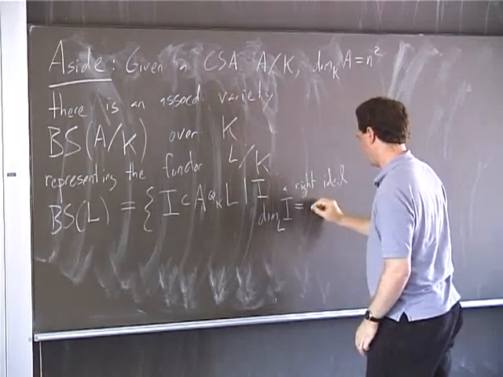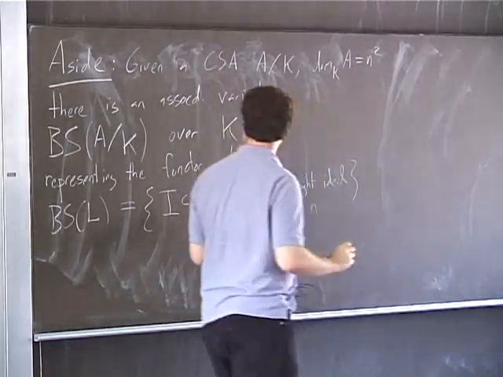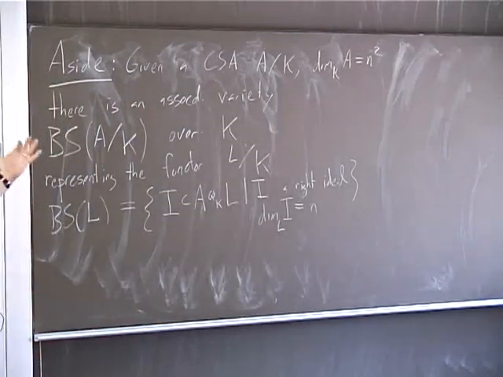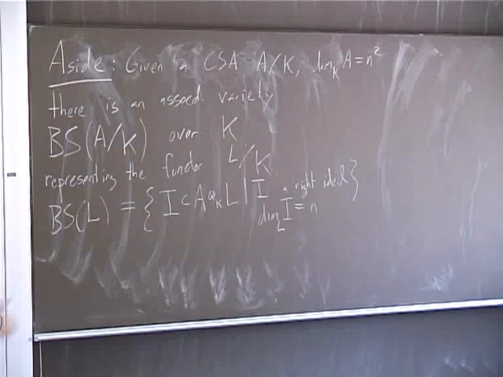To understand what's going on, when you base change to the separable closure, A just becomes the matrix algebra of n by n matrices. What are the right ideals inside of the n by n matrices? You fix some subspace of your n-dimensional vector space, and you look at those matrices whose images are contained in that subspace. The set of all such matrices is a right ideal.